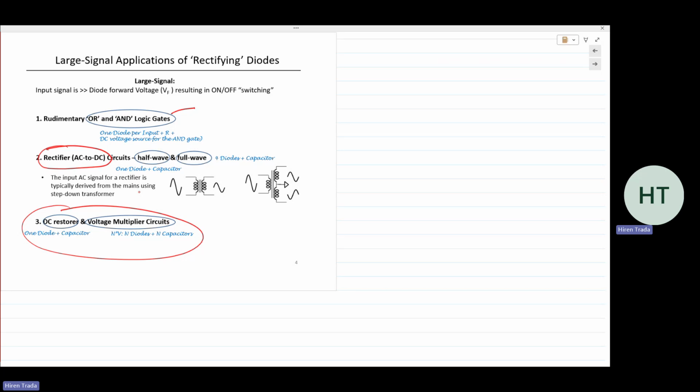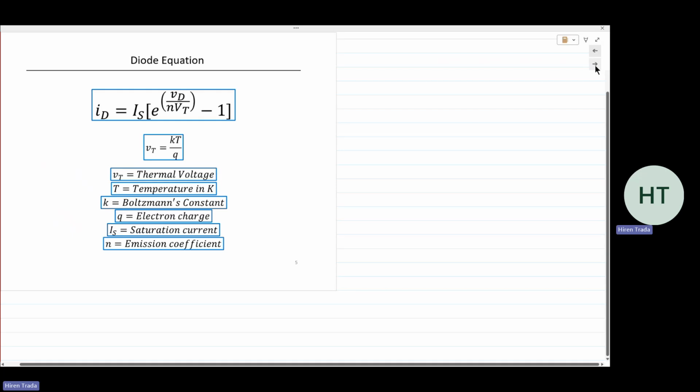There are many other applications of diodes. We can use them for wave shaping, giving different kinds of input waveforms and changing the output. We'll look at rectifier circuits later on, and then logic gates also later on. For now, let's look into the diode model.